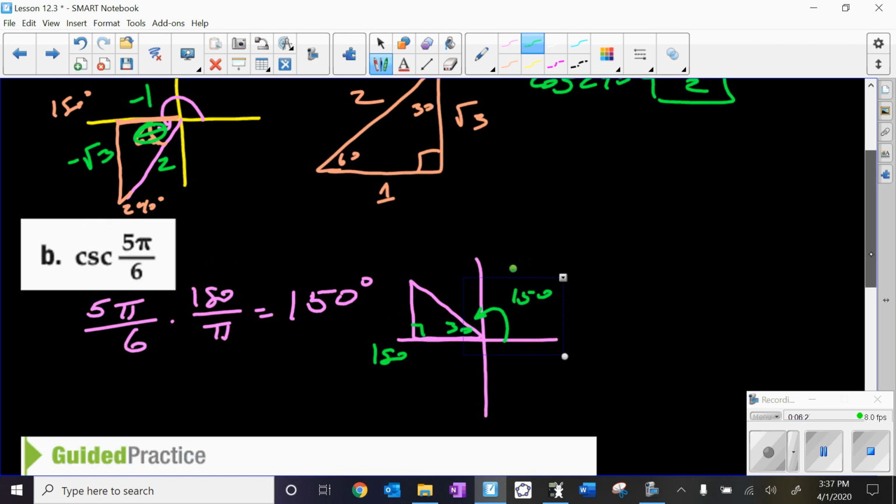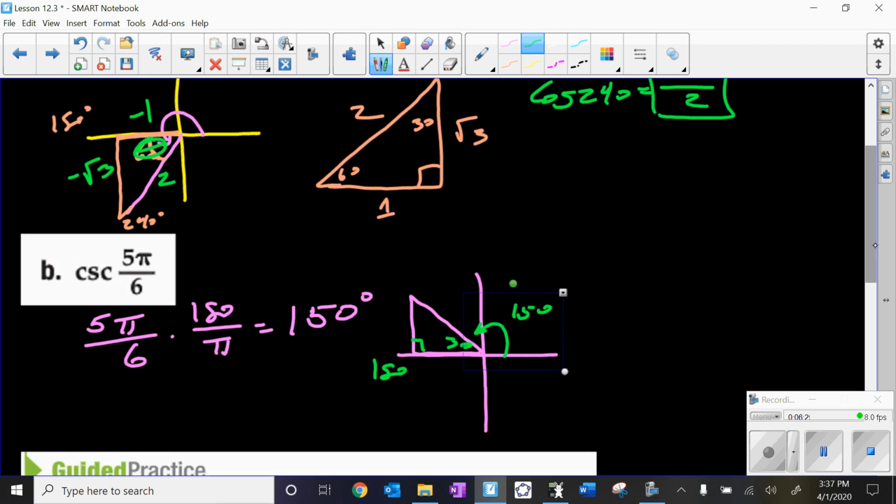This again uses our 30, 60, 90 triangle. Across from 30 is 1. Since we're going up, that's a positive 1. Across from 60 is square root of 3. We went left of the origin, so that's a negative square root of 3. The hypotenuse is 2. Reminder, cosecant comes from sine, so if you need to, you can find sine first and then just flip it.